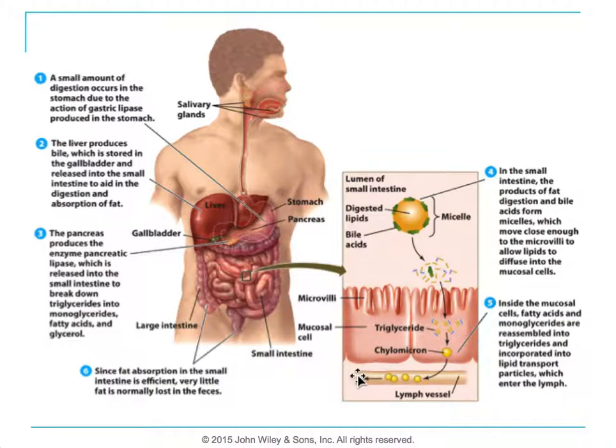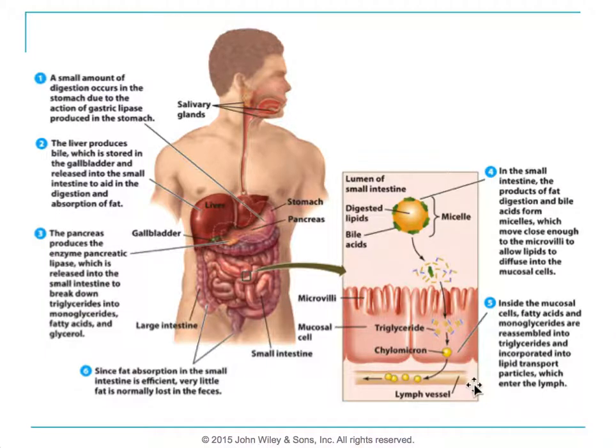Because your blood vessels are aqueous, and fatty acids are obviously not water soluble. Once those fatty acids get broken down, they're going to be packaged into these little bundles called micelles, and there's also, we'll talk about in just a second, different lipoproteins, but those are proteins that help to kind of package fatty acids to allow them to move into the aqueous environment of the body and move throughout the blood.